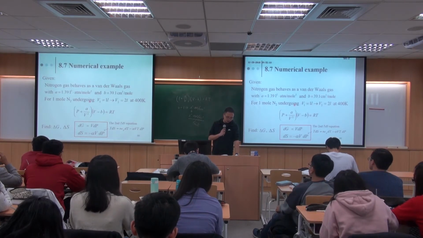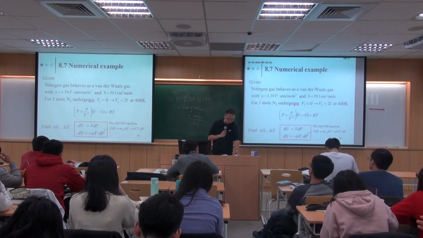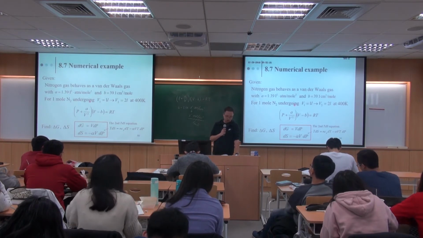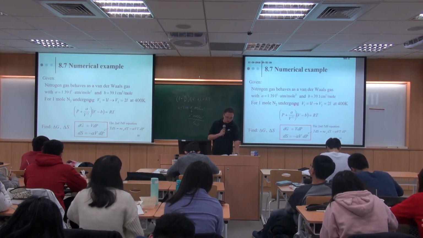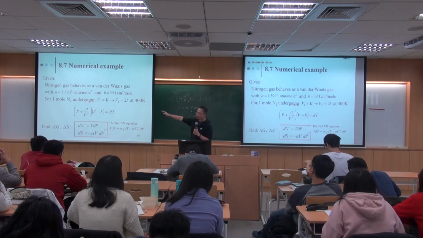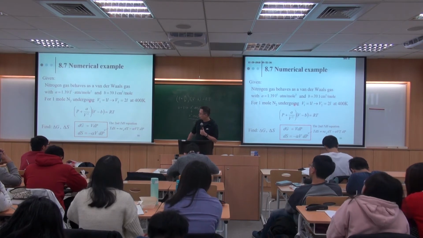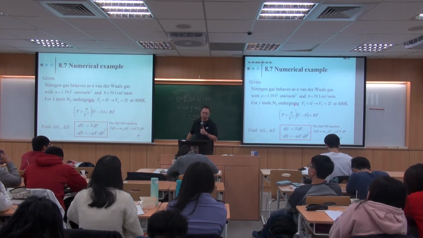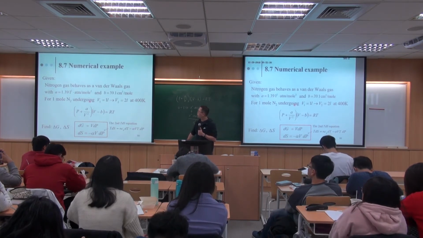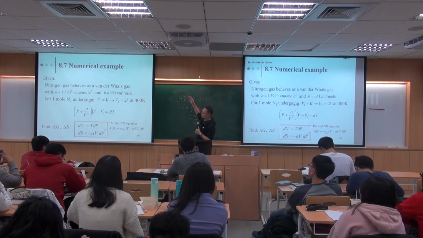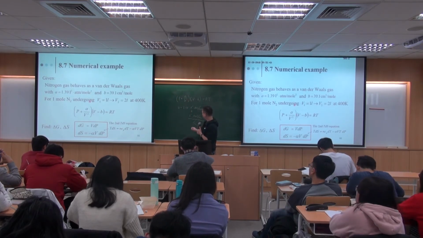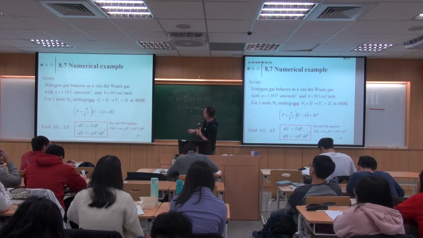So I don't think the values given in this textbook are correct. But the bottom line is that if you only want to calculate this analytically, you don't want to calculate the numbers, you can just ignore this fact. Okay? But if you want to calculate the correct number, you have to use A.